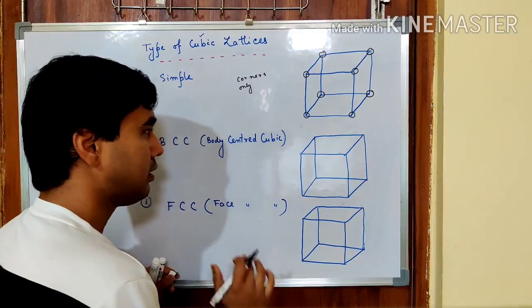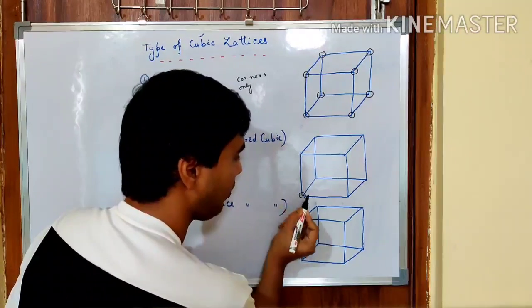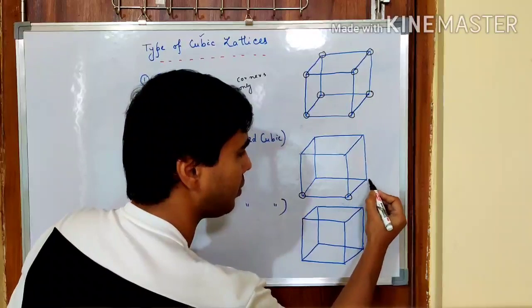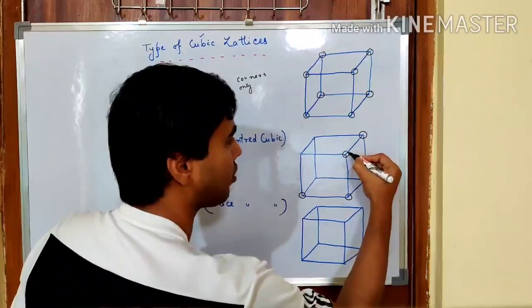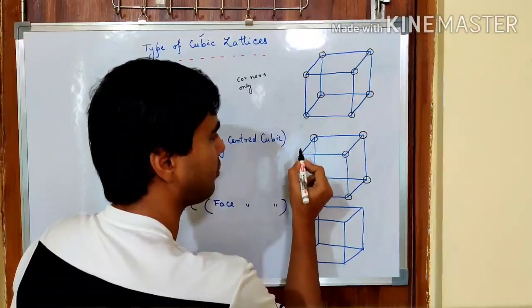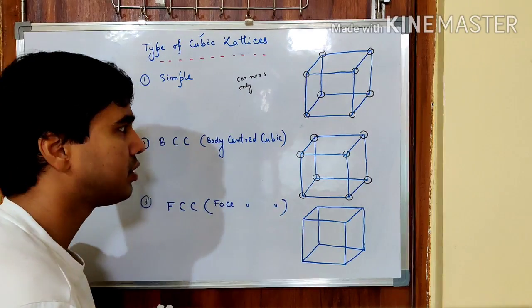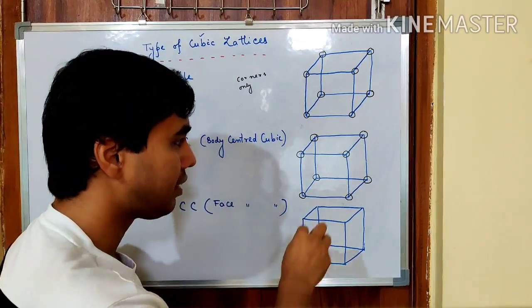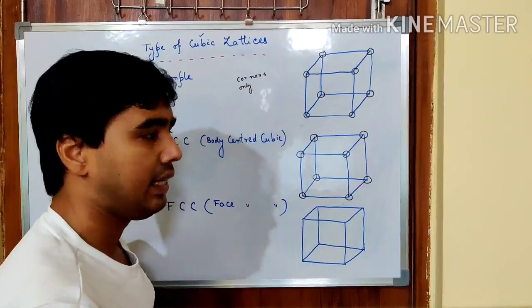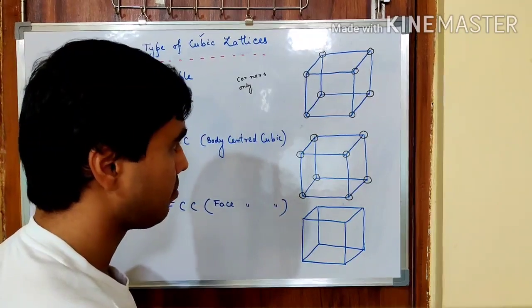Here, body centered. So obviously on the corner, same thing will be there. The atoms will be there at the corners. So you can draw it. There are 8 corners. Same as before, no change. Only difference is this term body center, that means at the center of its body. In a cube, the center is this one. Precisely.